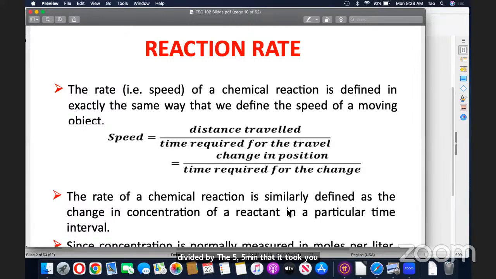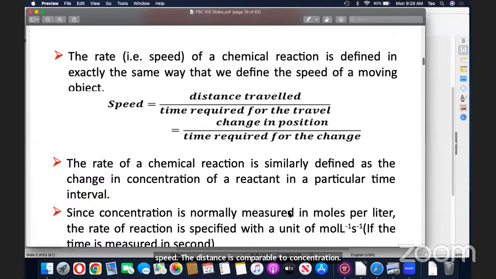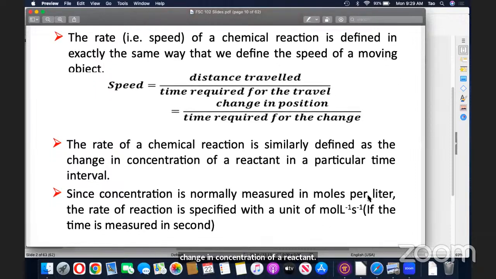That is why I said rate of reaction is comparable to speed. The distance is comparable to concentration, while time remains the same for both. So the rate of a chemical reaction is similarly defined as the change in concentration of a reactant in a particular interval. You're starting with 20 mole per dm cube.